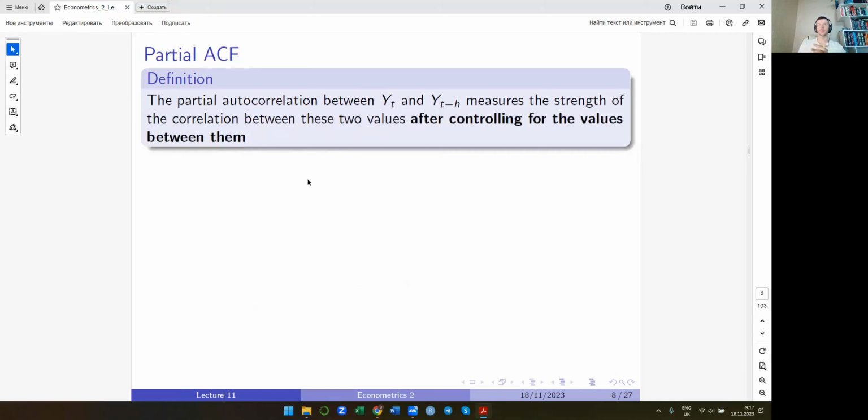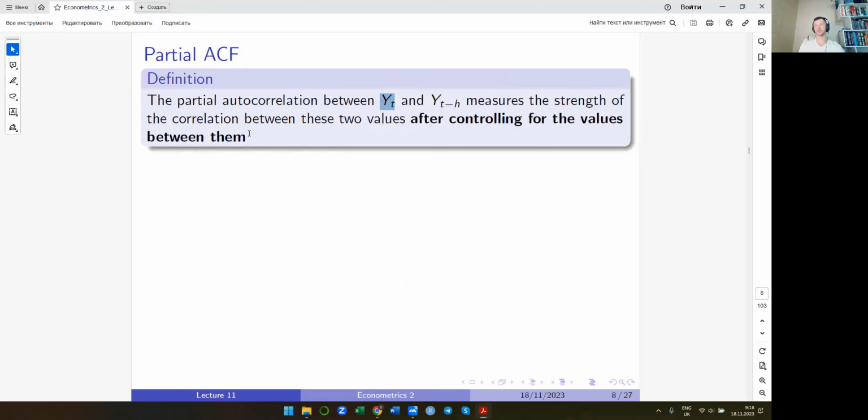Now, we also spoke last time about partial autocorrelation. I briefly mentioned that partial autocorrelation is kind of a non-linear function of autocorrelation. So let's try to understand in more detail what exactly the partial autocorrelation function is. It measures the strength of the correlation between values of yt and yt minus h after controlling for the values between them.